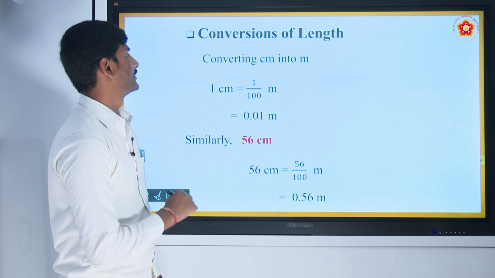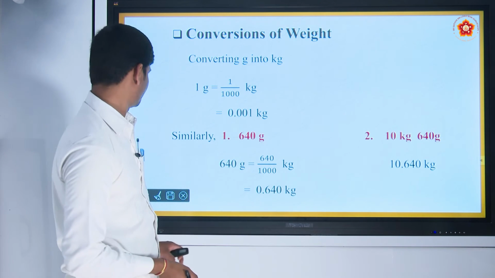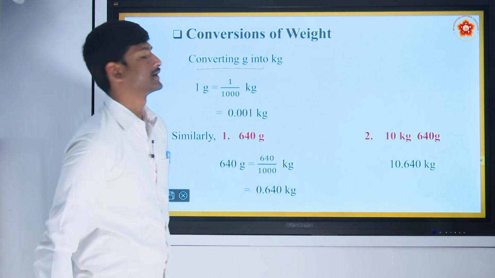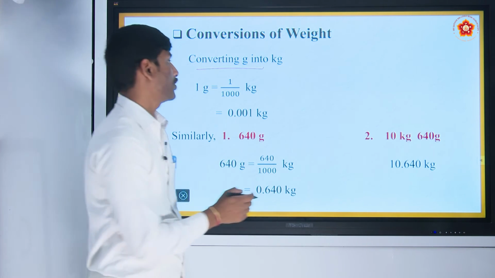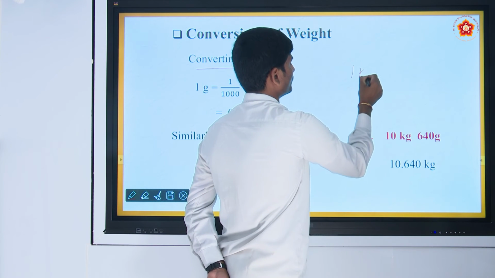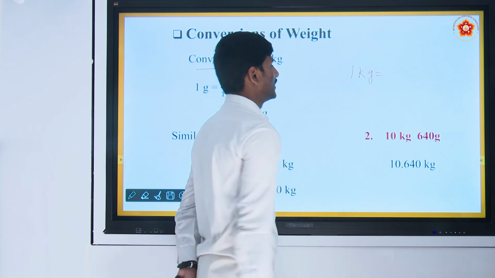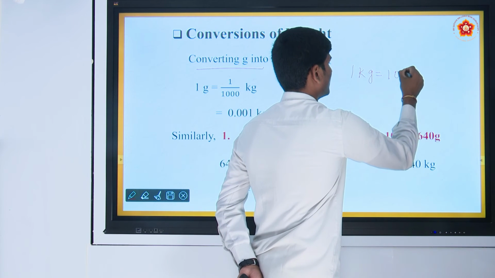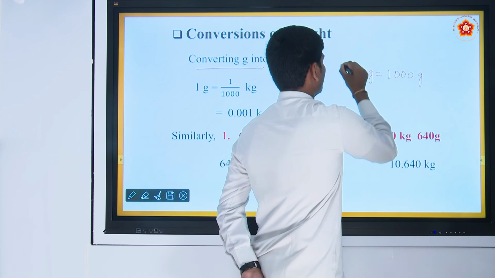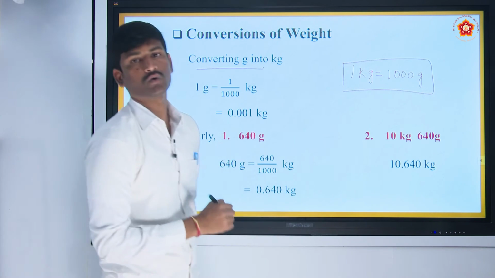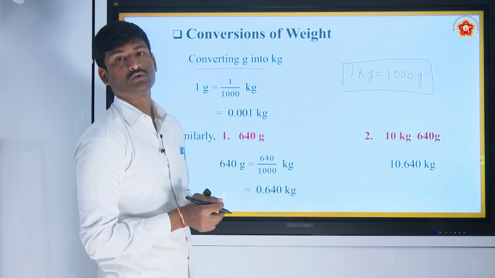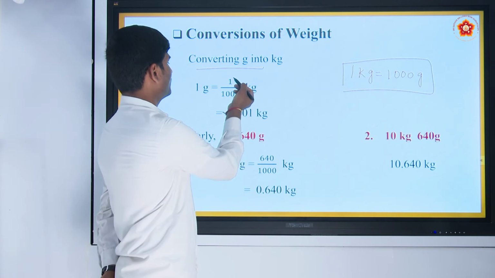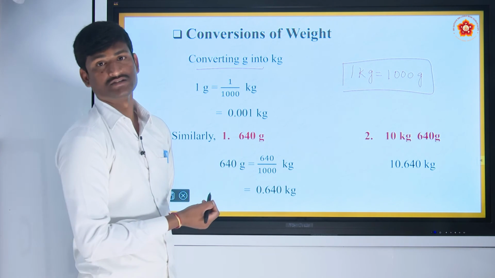Then conversion of weight. We are converting gram into kg. You know 1 kg is equal to how many grams?